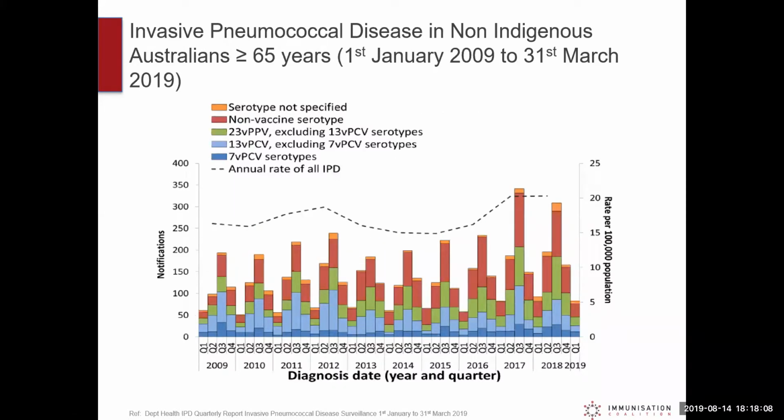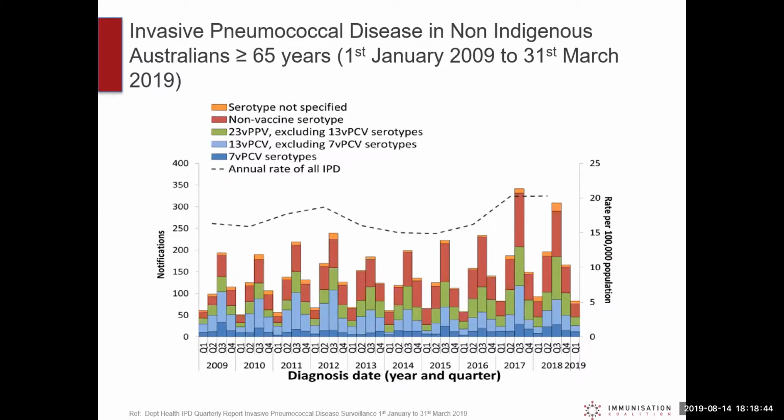So this graph is the classic example. We're looking at non-Indigenous Australians over 65 years of age, and this is for the data up until the 31st of March. And you can really see by the coloured bars what's happening in regards to what are the serotypes that are being notified as causing invasive pneumococcal disease. And you can see that some of the serotypes in that real light blue, which is the 13 valent or your Prevnar 13, there's a little bit of that still happening.